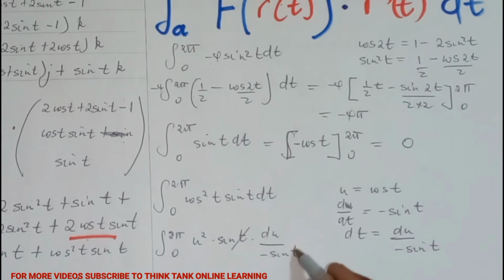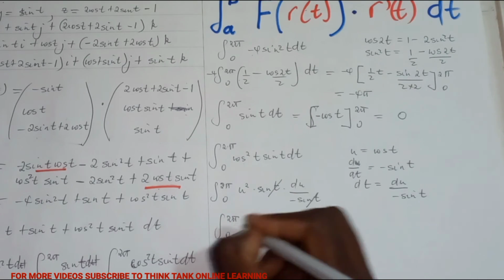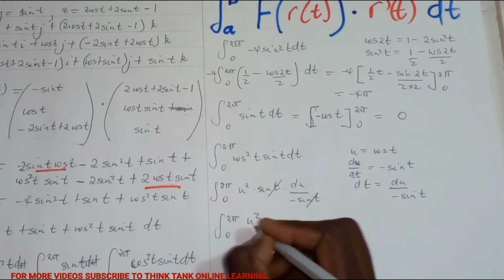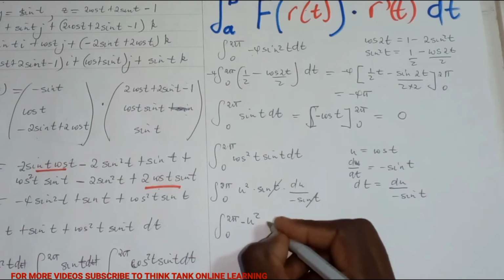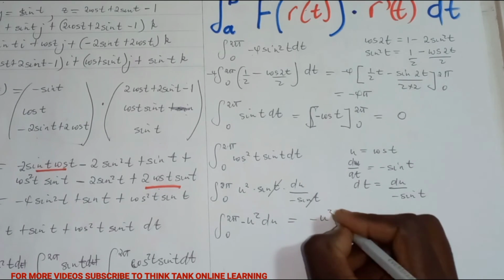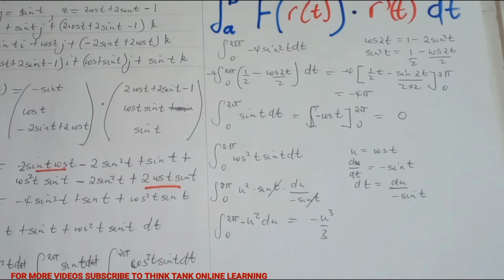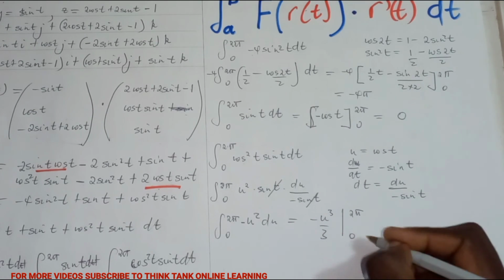Now we have to integrate u squared. So it's negative u squared du, which gives negative u to the power 3 over 3, with our limits 2 pi and 0.